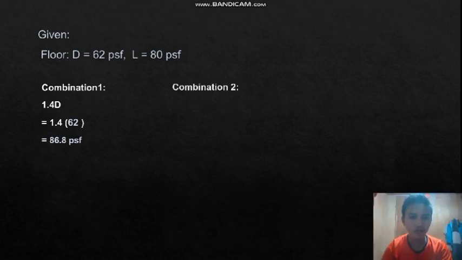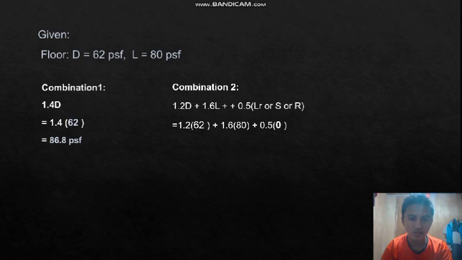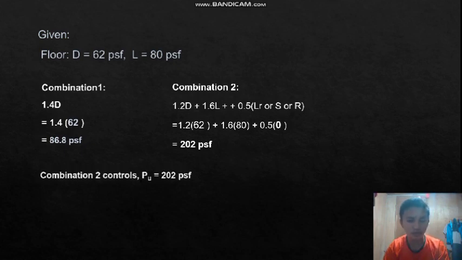For combination 2, 1.2D plus 1.6L plus 0.5 multiplied by LR or S or R, by substituting, dead load is 62, live load is 80, and the last term is 0 since we don't have roof live load, snow load, or rain load. Adding and multiplying, we get 202 PSF. So combination 2 controls, and Pu is equal to 202 PSF.